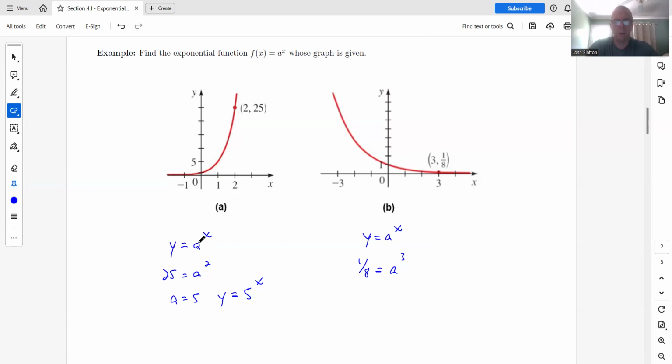Here, the other one was increasing, so we knew that a was going to be greater than 1. So what number raised to the third power is 1/8? That would be 1/2. So a is 1/2, and we have y equals 1/2 to the x. Okay, so I think we'll stop on this one and finish up this section in the next video.